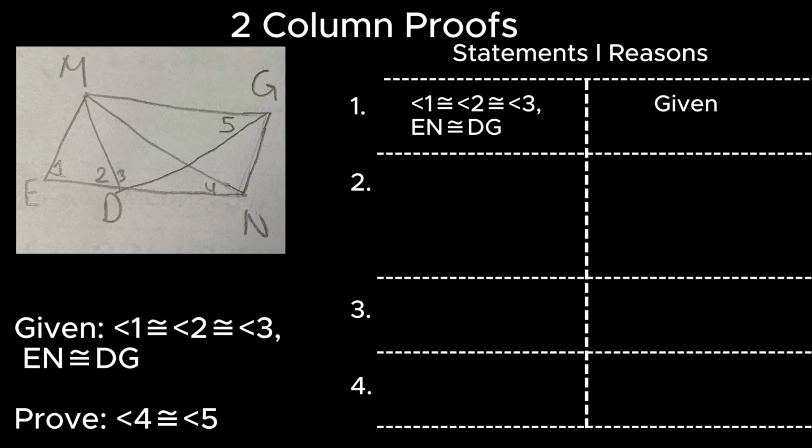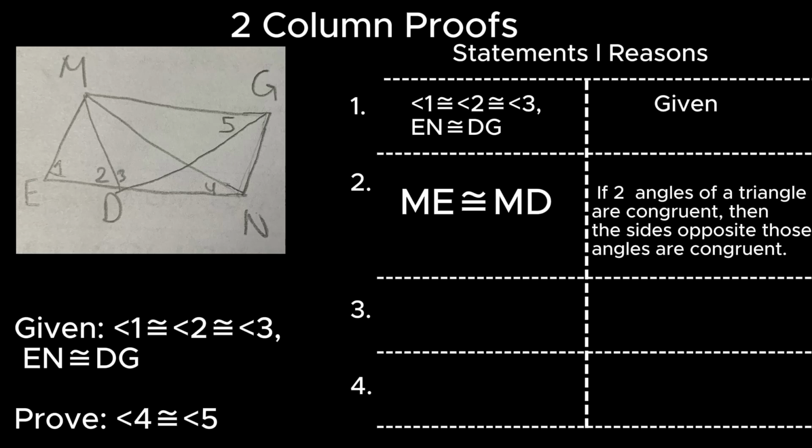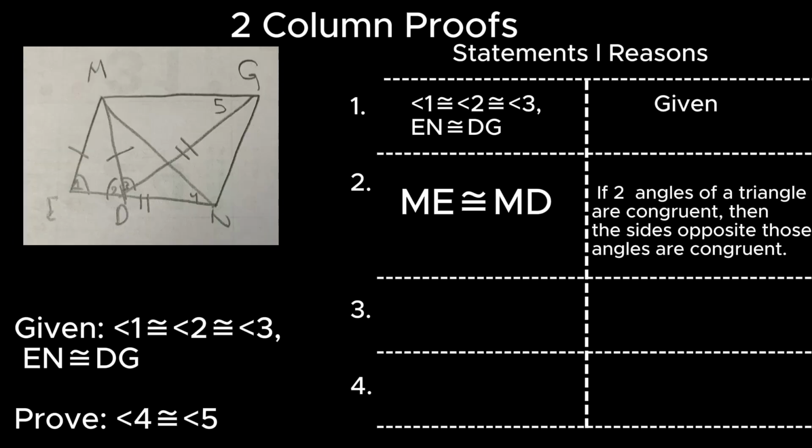Now you see how we have this isosceles triangle, triangle MED, because it has two congruent angles, angle 1 and angle 2. Well, we can also say that ME is congruent to MD. Those sides are congruent because in an isosceles triangle, if two angles of the triangle are congruent, then the sides opposite those angles are congruent.